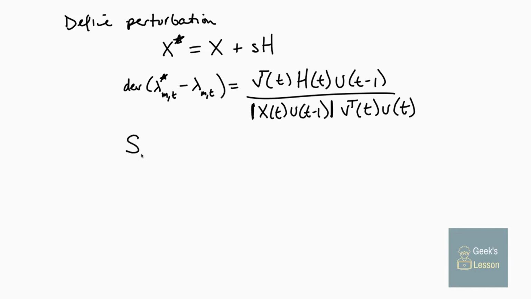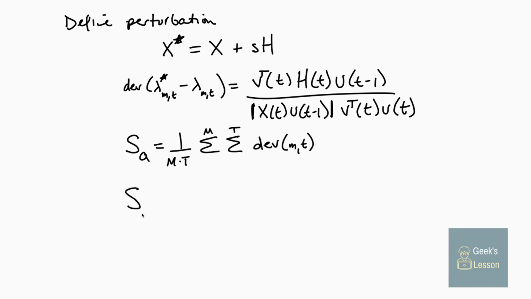So the sensitivity of the stochastic growth rate is going to be 1 over the number of simulations times the number of time steps in each one, and then the sum over m and t of those deviations above.